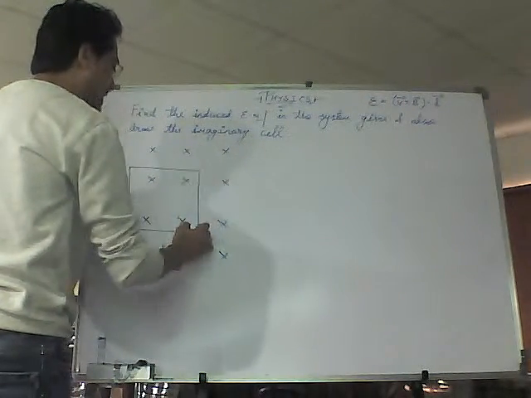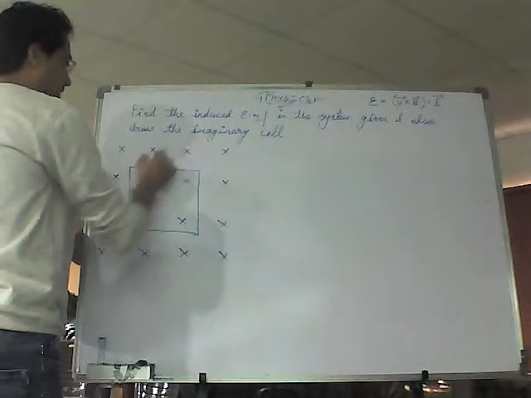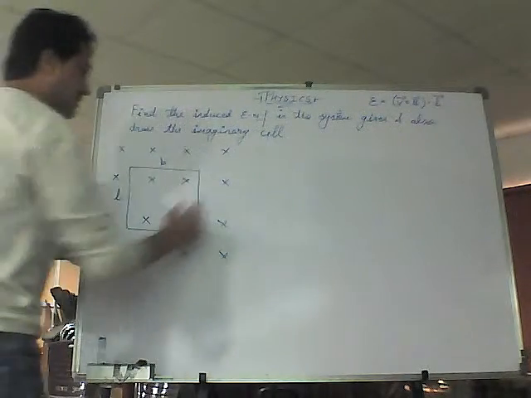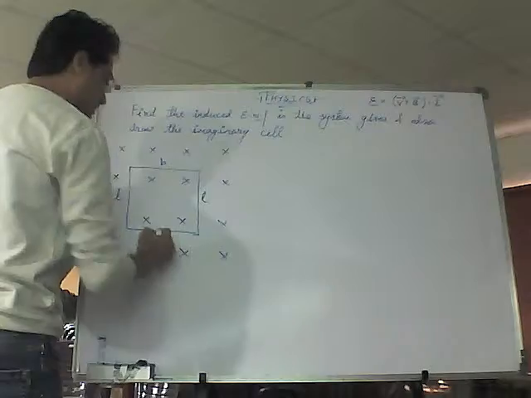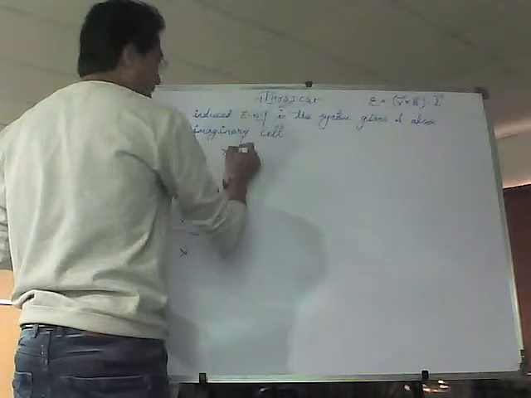Okay, this time we have a rectangular loop which is of length L, breadth B, and it is being moved.